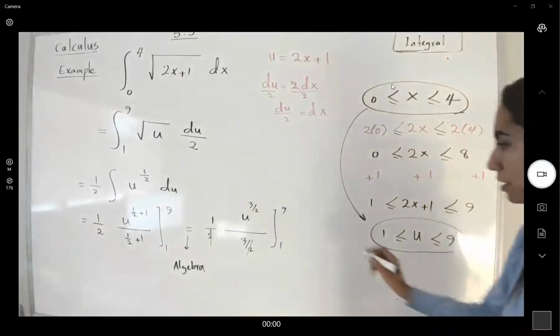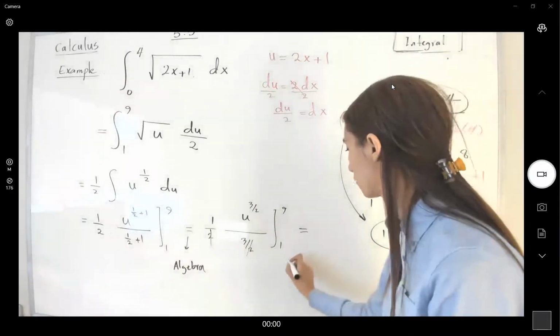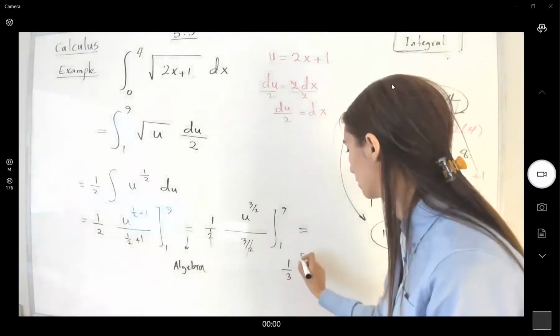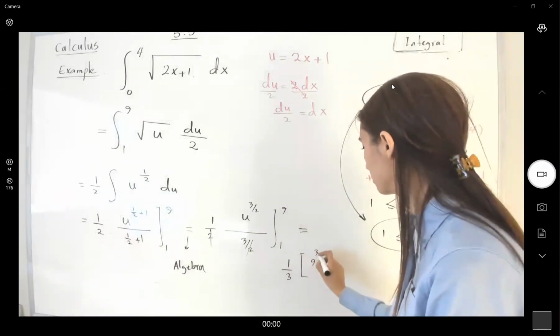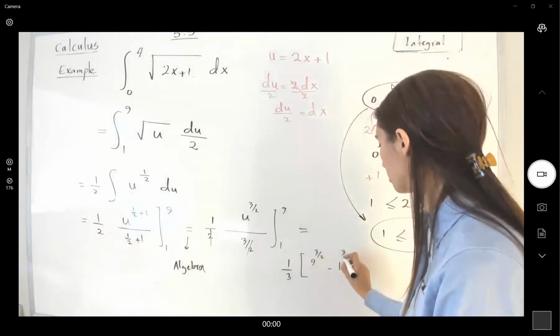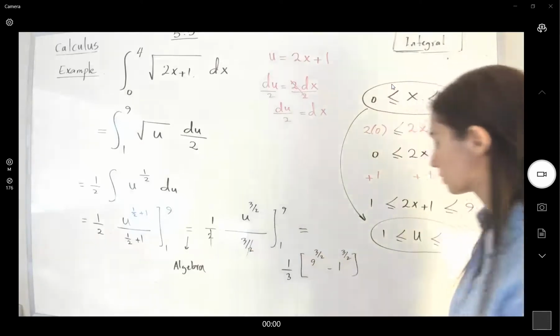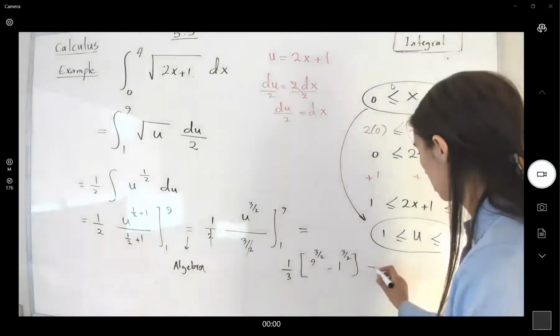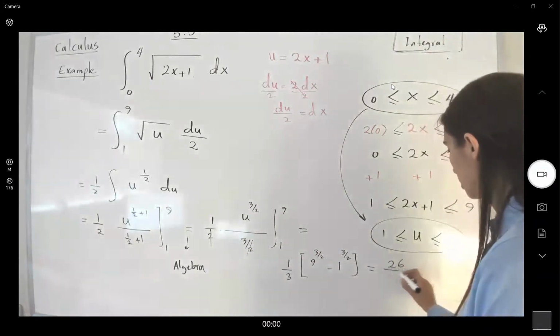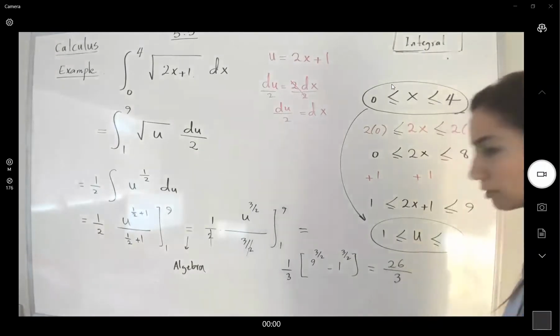So I get a third. And here I have 9 raised to 3 halves minus 1 raised to 3 halves. Okay. 27 minus 1. So I get 26 divided by 3.